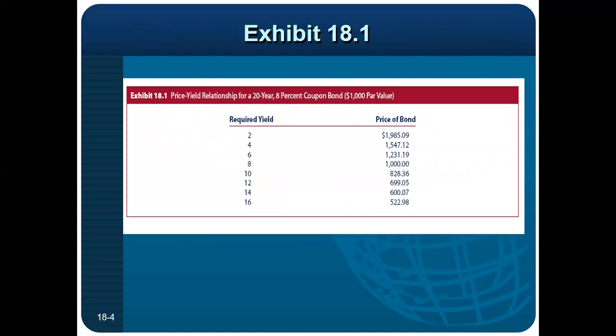If you can see here, start with 8 because the coupon rate is 8%. When the coupon rate is equal to the YTM, the required rate of return, the price of bond will be at par.